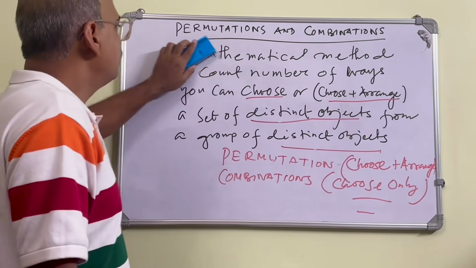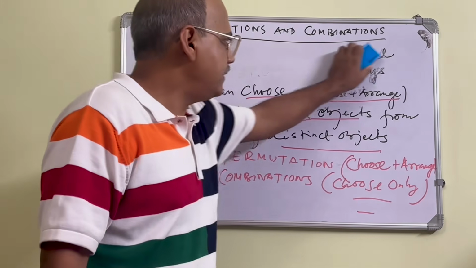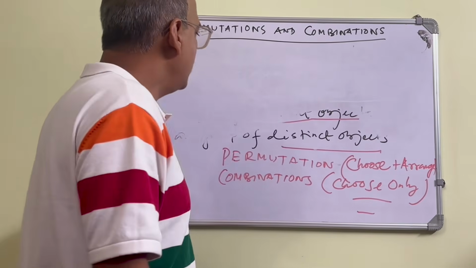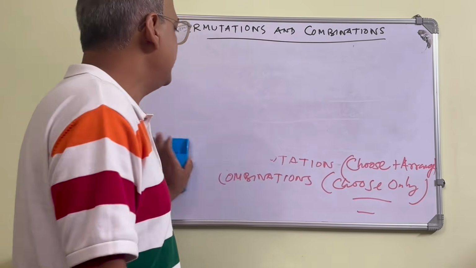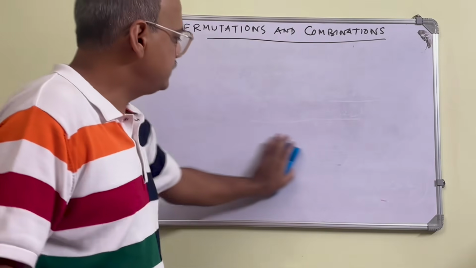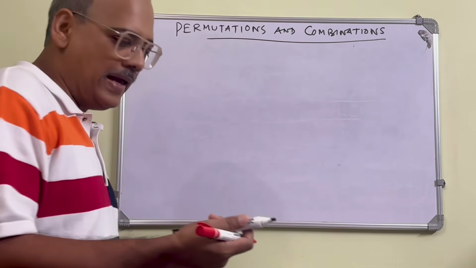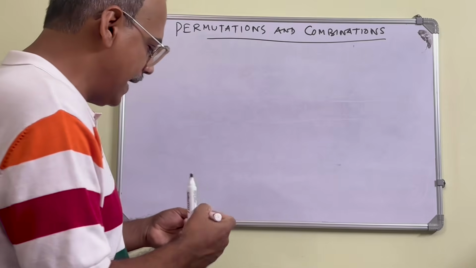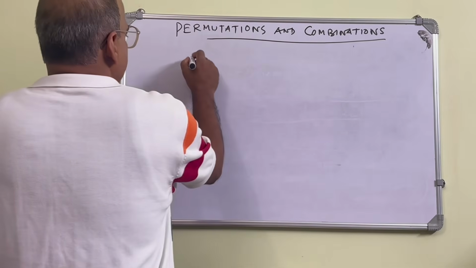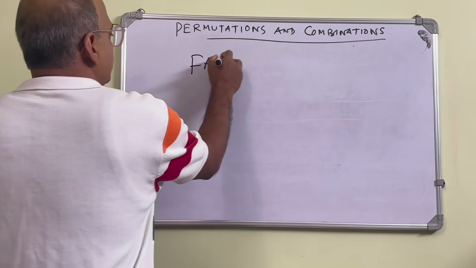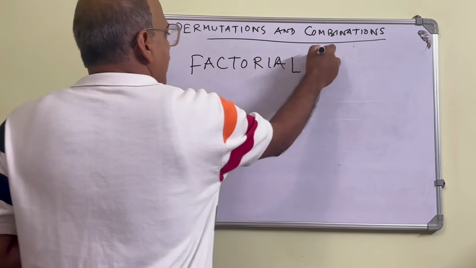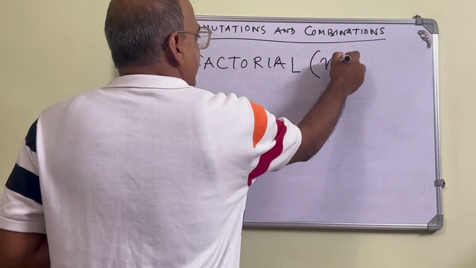Now, we need to understand a couple of things which will be used in order to solve your permutations or combinations problems. Let's start with factorial. Some of you may have heard what factorial is, and it's denoted as, let's say, n factorial.